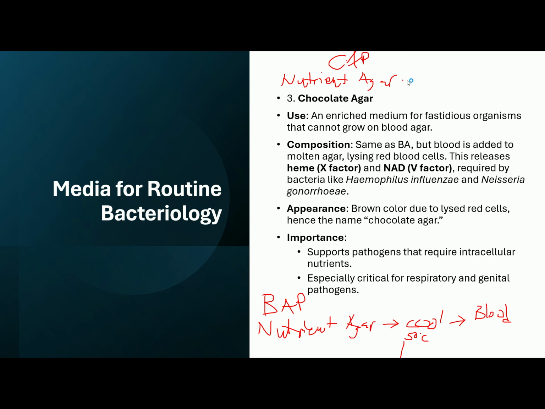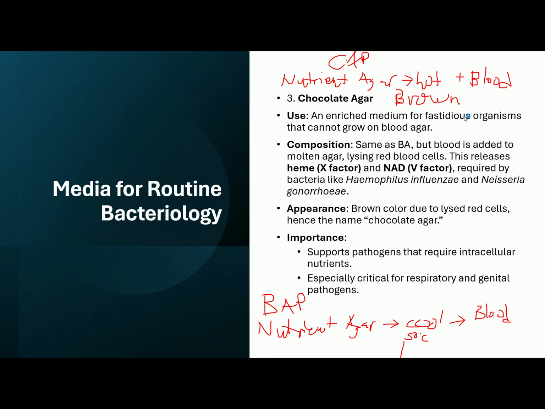Even though it's still hot, mainit pa rin, you add blood. And since the media is hot pa, it would cause the RBC to lyse, turning the nutrient agar appearing as brown or chocolate in color.